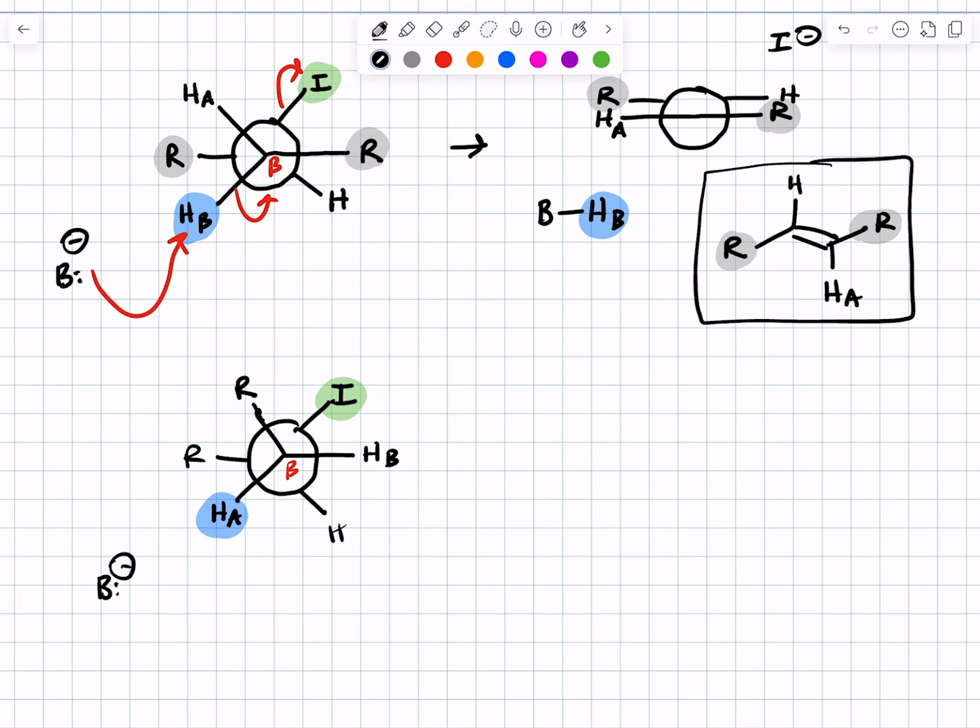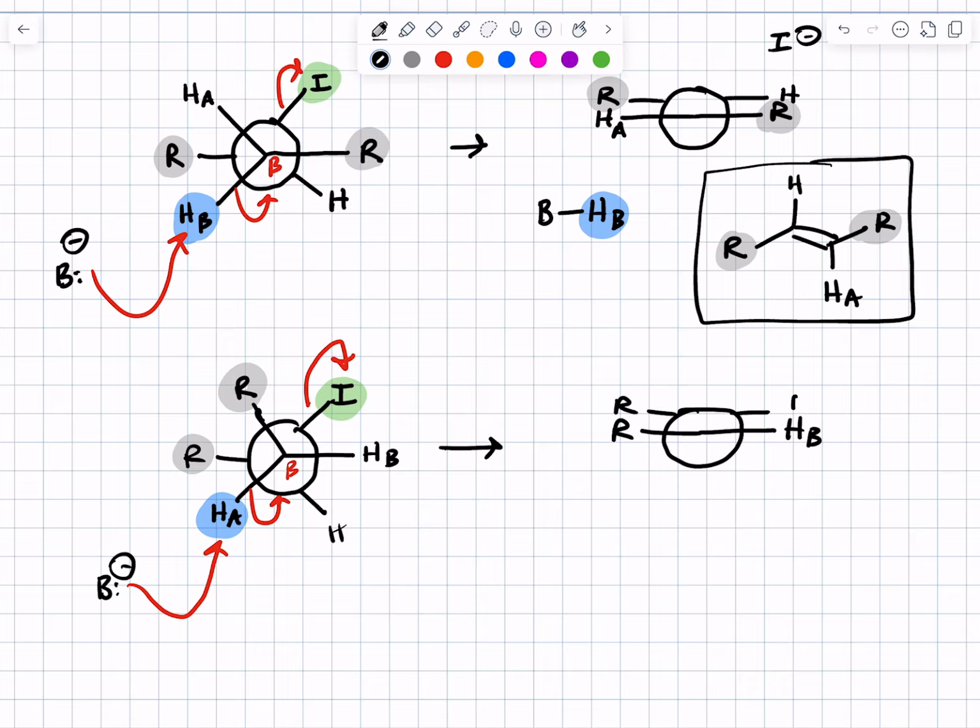So when the base removes HA, and we form the pi bond and the leaving group leaves, notice how the two benzene rings are now on the same side of the molecule, so that if we were to watch this reaction happen, we would see that we get a cis product rather than a trans product.